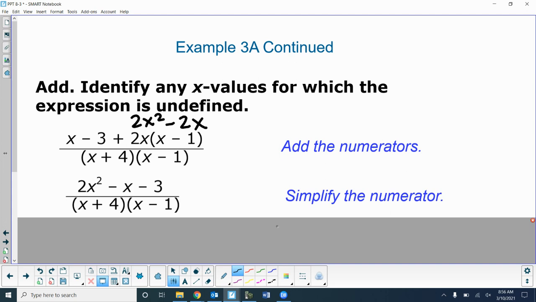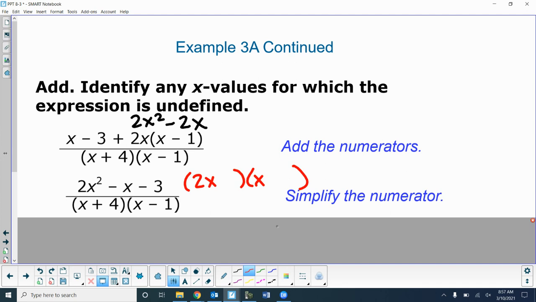Now is the point where you would try to factor the numerator, if possible. Okay? And I believe it factors into this. I'll check here. I don't think it does actually.